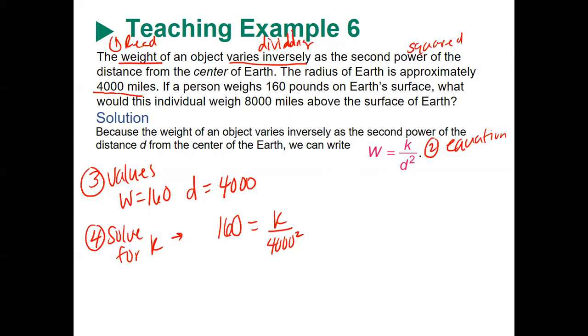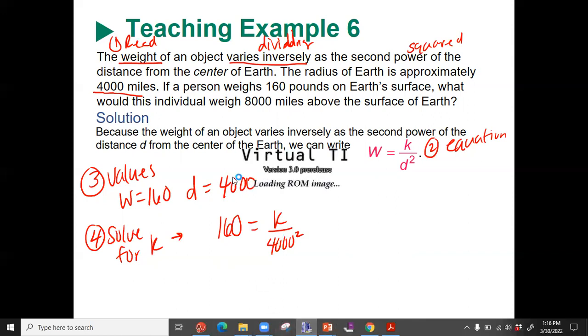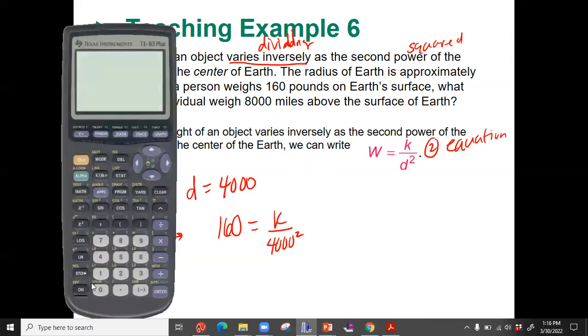So I'm going to plug that into my handy dandy calculadora. I'm going to do 160 times 4,000 squared and see what the calculator tells me. Whoa, a big old number.